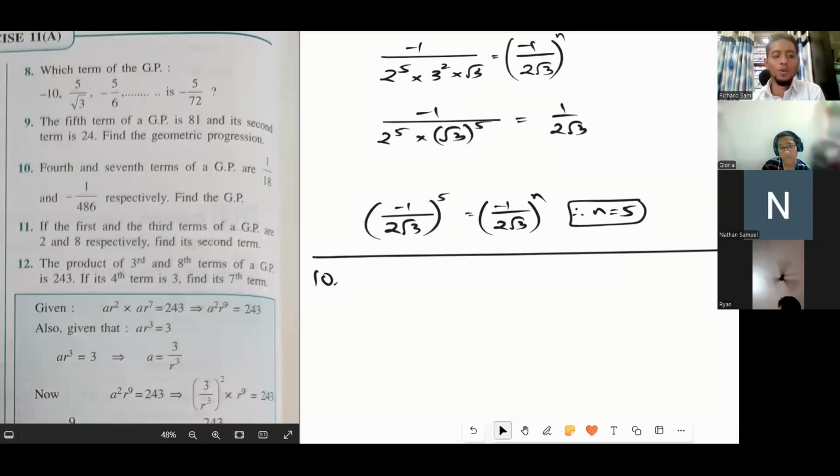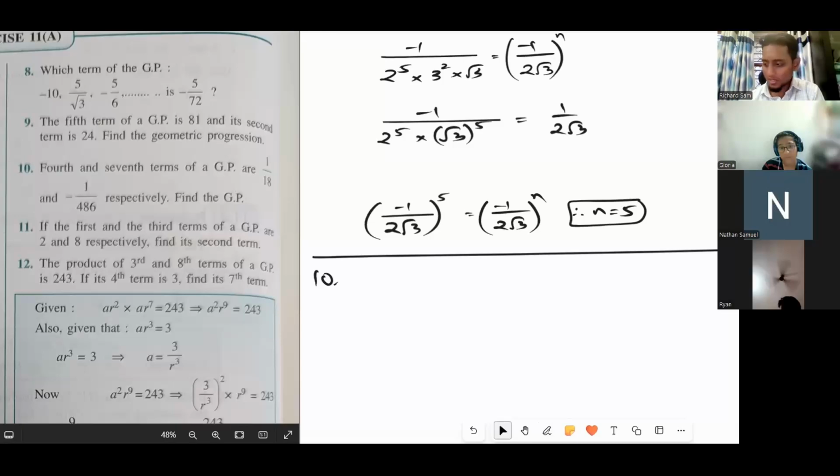Okay, question 10. Fourth and seventh terms of a GP are 1 upon 18 and minus 1 upon 486 respectively. Find the GP. So similar to AP where they had given you 2 terms and we had to make simultaneous equations and solve it, right? Here you won't get exactly that type of simultaneous equation, but same method, okay?